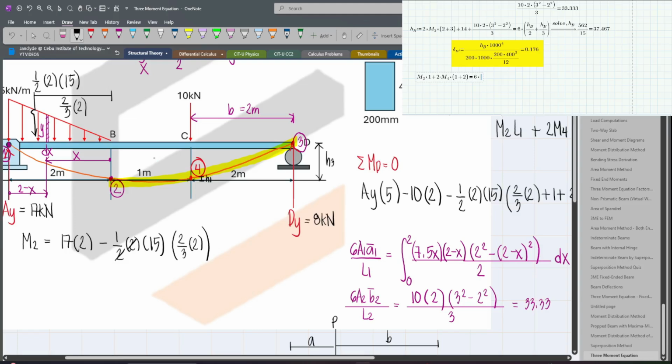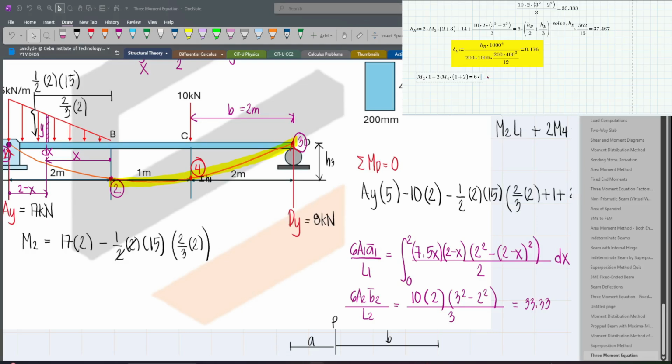Now, in our figure, we are assuming that the middle point is above the first point. So, therefore, H1 must yield a negative sign. Sa assumption natin, but hindi pa natin alam kung below ba siya or above point 2. So, we would now have negative H sub 1. Then, this horizontal distance from point 2 to 4 is 1 meter.